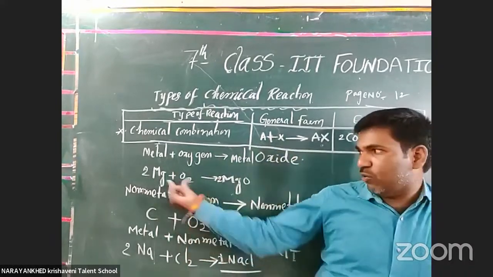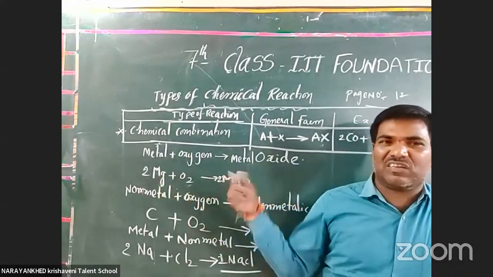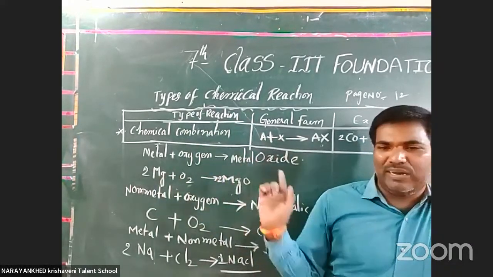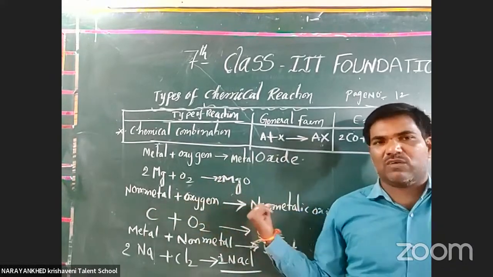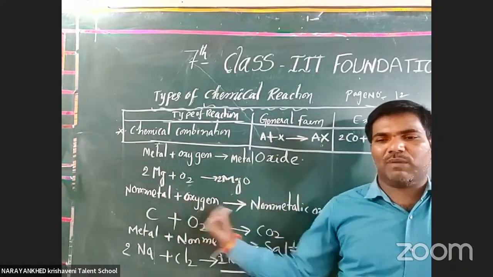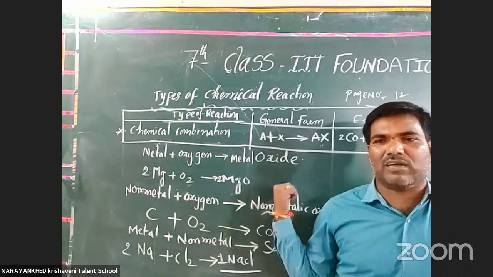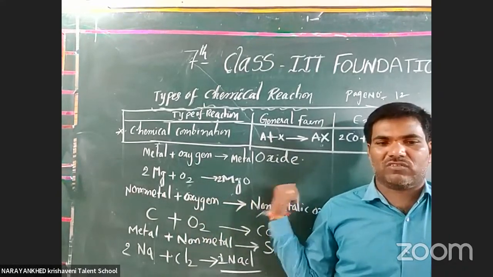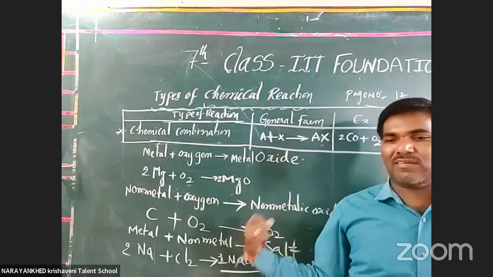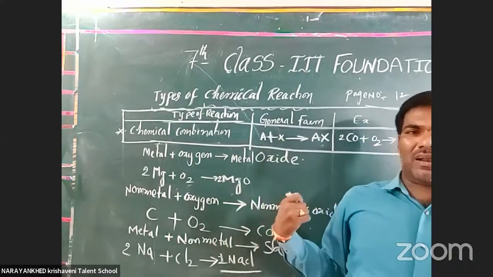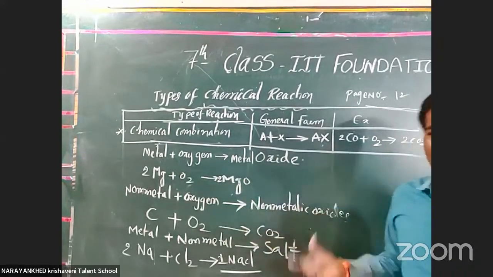Okay, clear or not? When the metals are combined with oxygen, every time you may write simply that it is a chemical combination like this. Metals combined with oxygen form metal oxides. Non-metals combined with oxygen form non-metallic oxides. Clear or not? And here metals combined with non-metals form salts. The combination produces a salt.